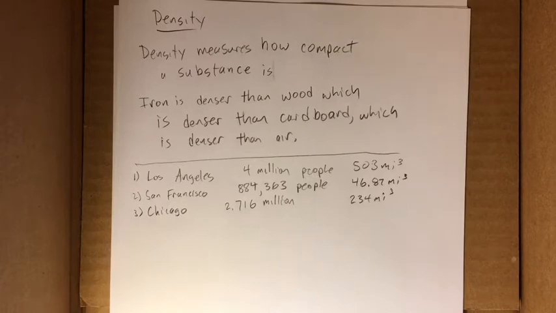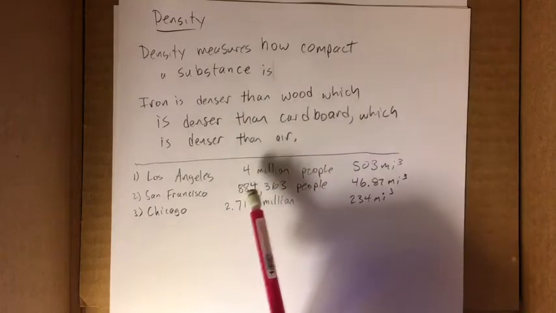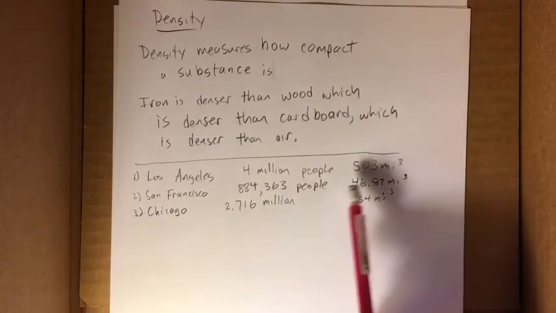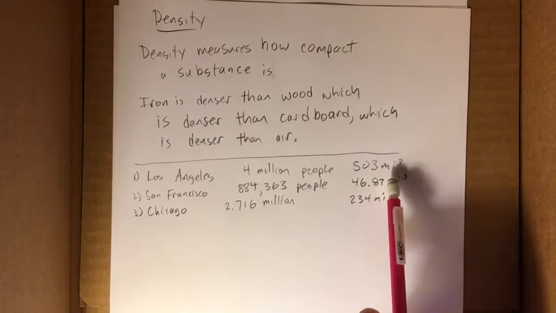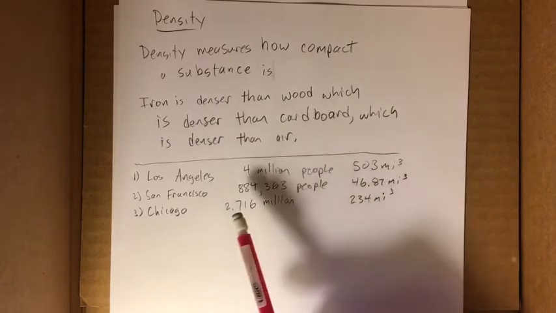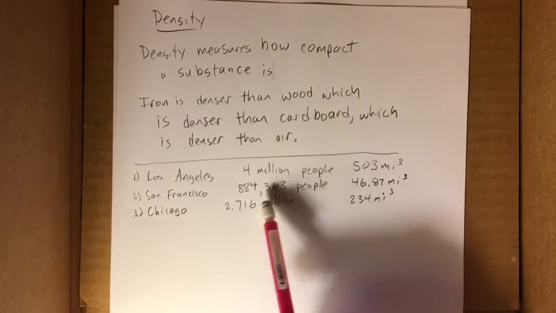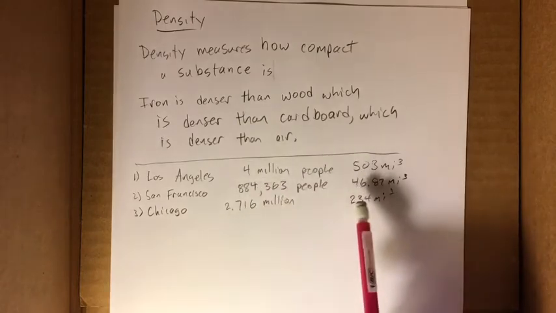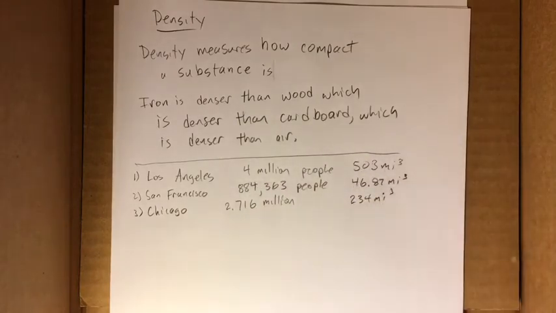And what we're really asking when we're saying that is, we're going to see how many people live in 1 square mile. So here we have 4 million people, but it's a pretty big city. Los Angeles is one of the bigger cities. It has 500 square miles. Whereas San Francisco has a much smaller population, but it also is a much smaller city.